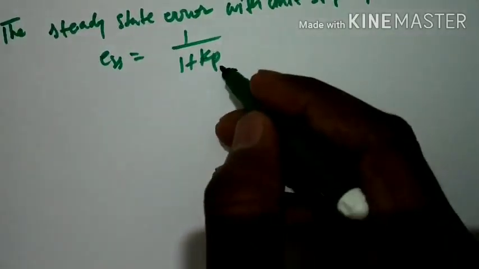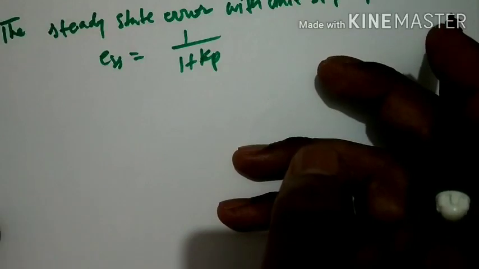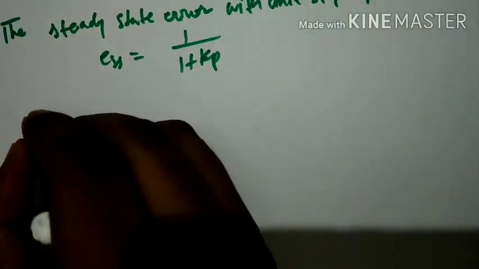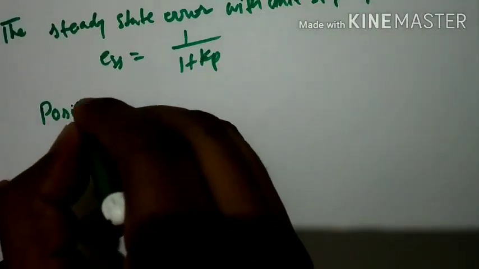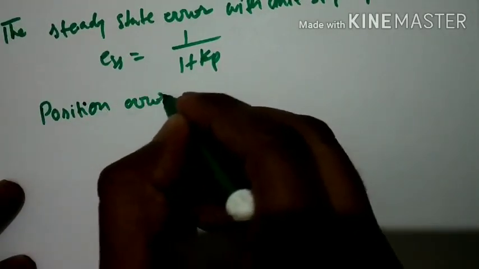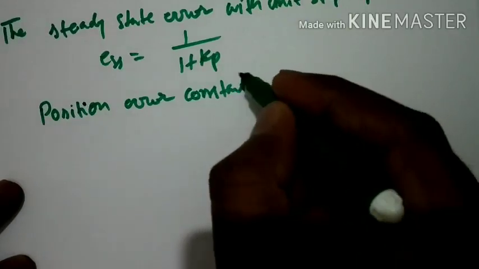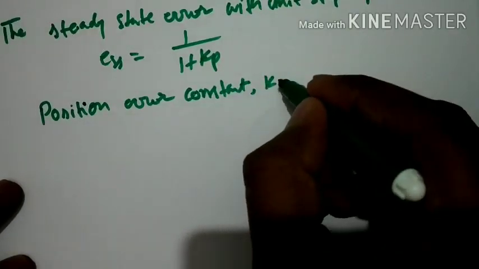You know this, as I have mentioned with this graph. Kp is the position error constant.